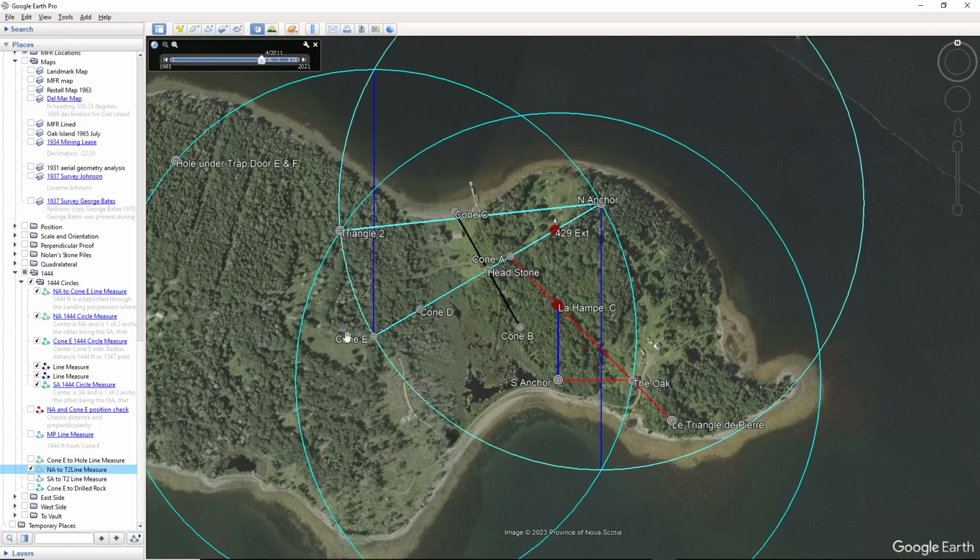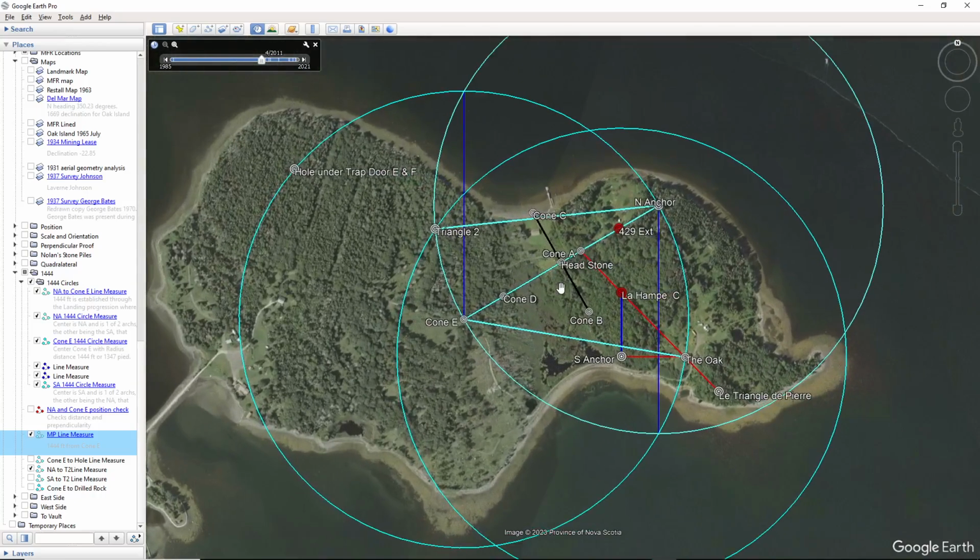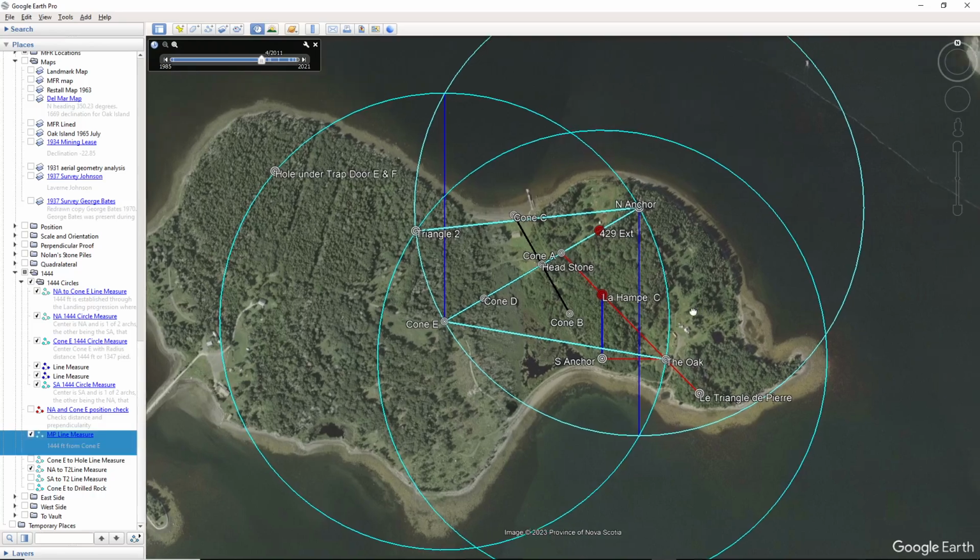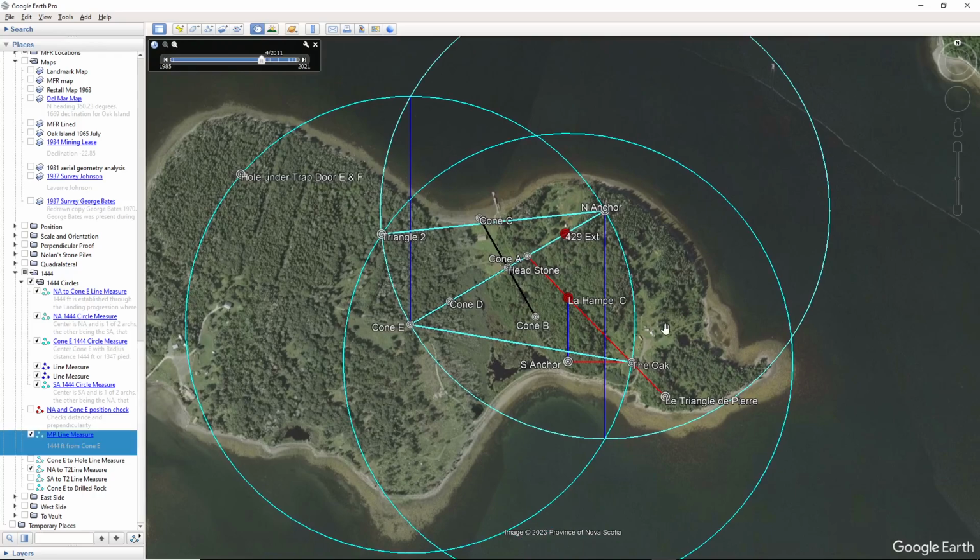Same with cone E. When you have the line going to the oak entrance or to the oak, you have a reference of true north to this right here. So it's the 1347 scale ends up being a standard of measure that will be used to locate and to solve the geometry of the Zena-Halper map.